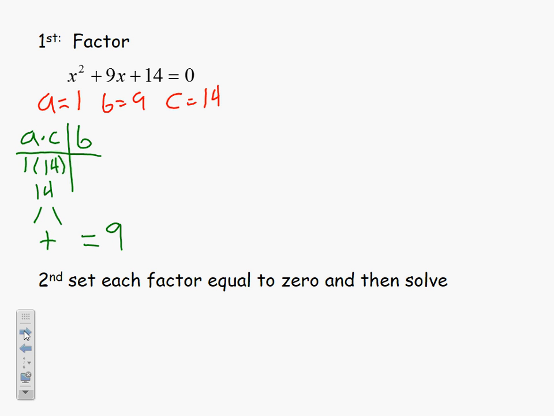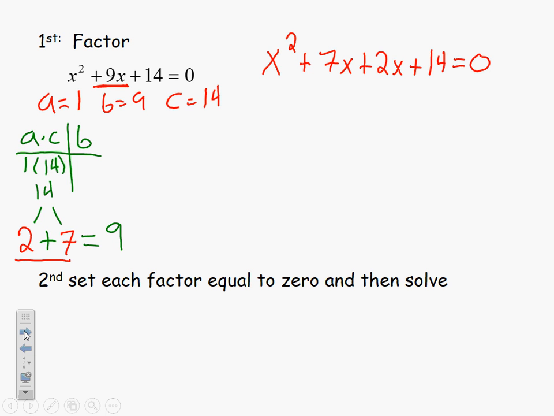So factors of 14, we have 1 and 14 and 2 and 7. Well, 2 plus 7 equals 9, so we're going to have our 2 and our 7. This is going to replace my 9x here. So when I rewrite this, I have x squared plus 7x plus 2x plus 14 equals 0.